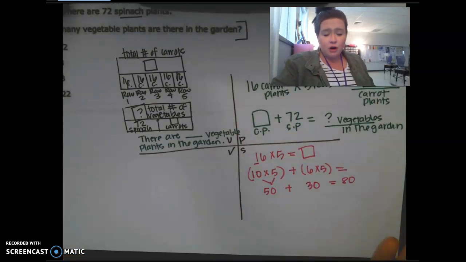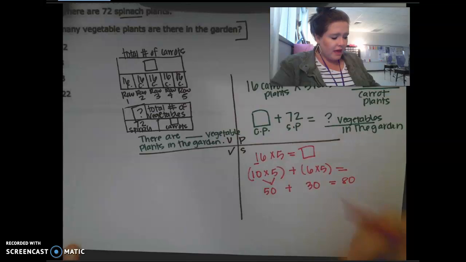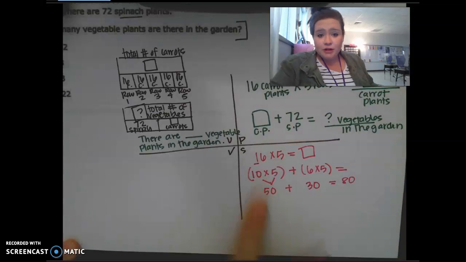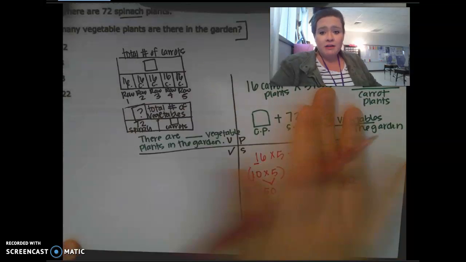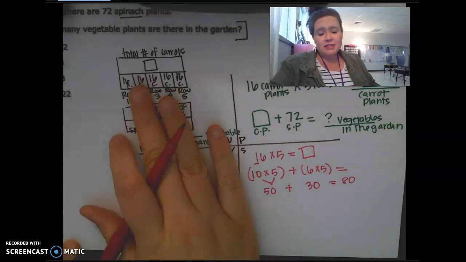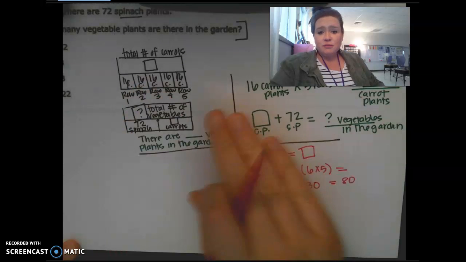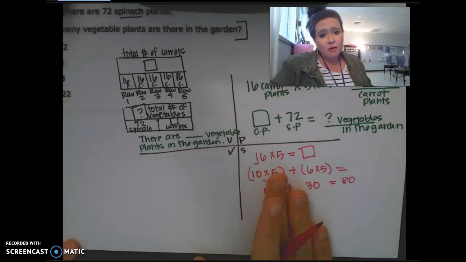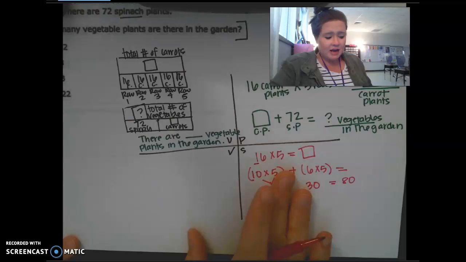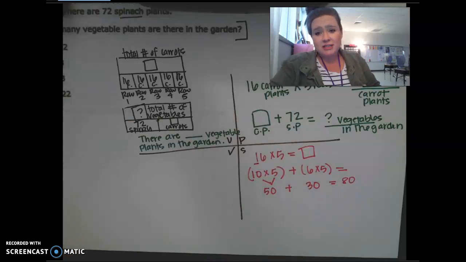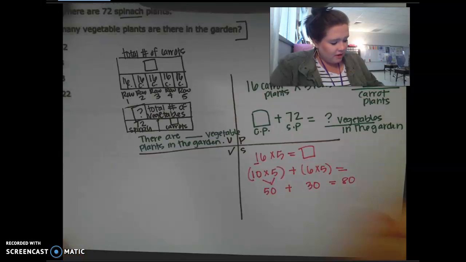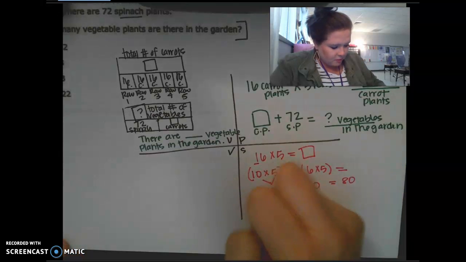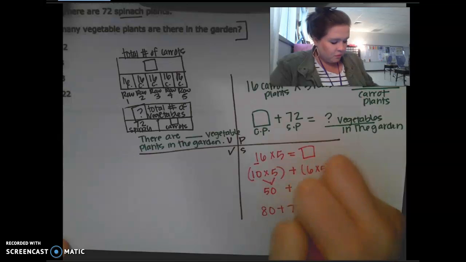Don't stop there. Keep going. Okay? This is the easy part. This is the hard part. Figuring out what operation your question is asking you and their strip diagram and figuring out how you're going to solve it. That's the hard part. Solving our problem, that's the easy part. We can do that. We need to first understand what this question is asking us and how to solve this problem. So I'm going to take 80 plus 72.